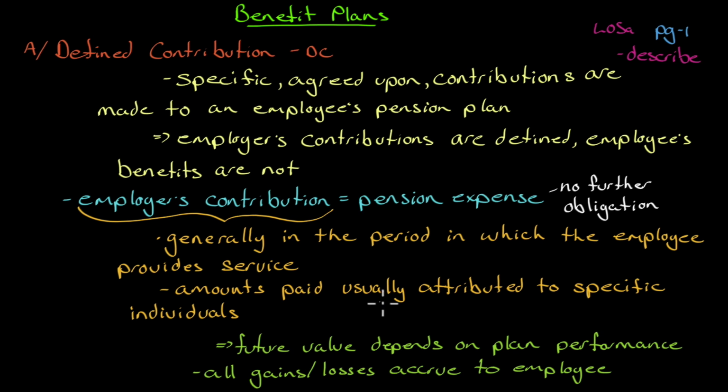The amounts paid are usually attributed to specific individuals as opposed to just a plan. When we look at defined benefit, while each employee has a specific obligation, the assets are not attached to any individual, but the assets in a defined contribution plan are attached to specific individuals. The future value of the assets of the plan depends on plan performance, and all gains and losses accrue to the employee.